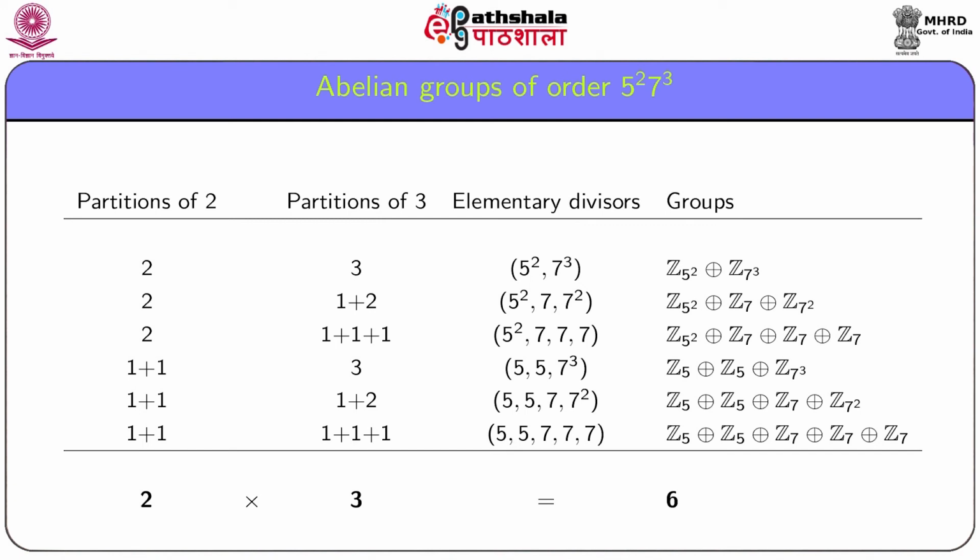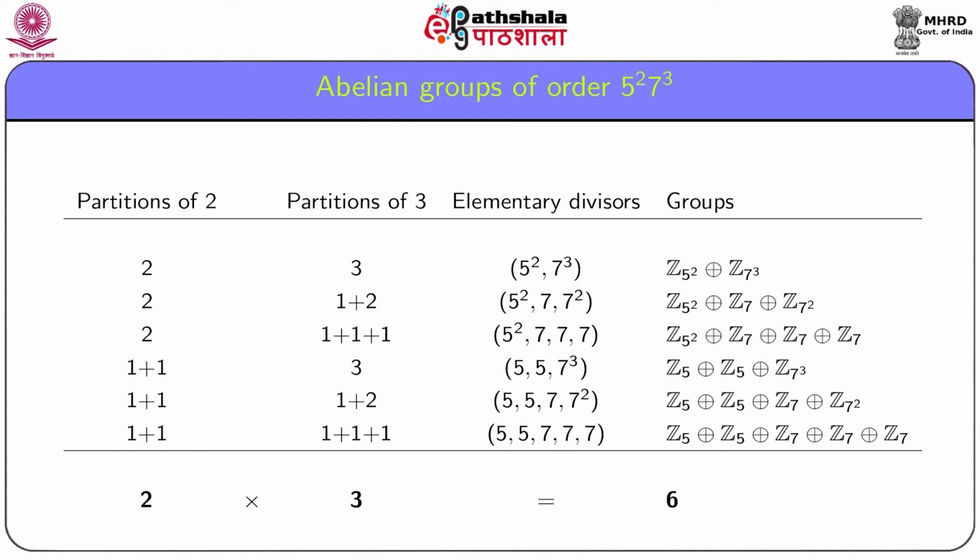In this example, we will find all possible non-isomorphic abelian groups of order 5 square into 7 cube. Here, the order of the group has two prime divisors, namely 5 and 7. 5 has power 2 and 7 has power 3.